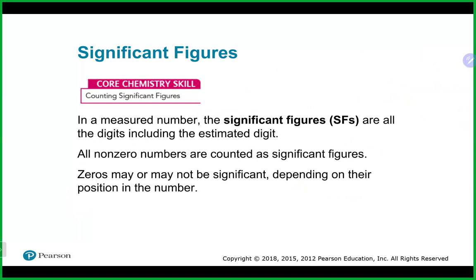It's really what makes up how many significant figures you have in a particular measurement. There's actually rules to follow when you're trying to identify how many significant figures a number has. So let's talk about those rules here, and we'll see some examples in just a second. But the first rule is pretty straightforward and pretty simple.